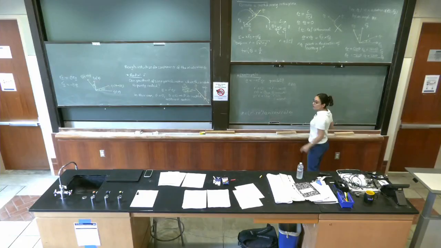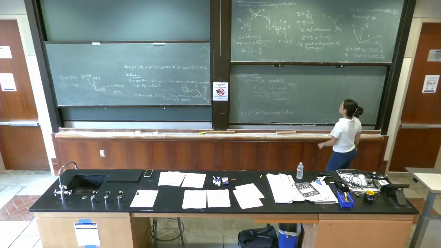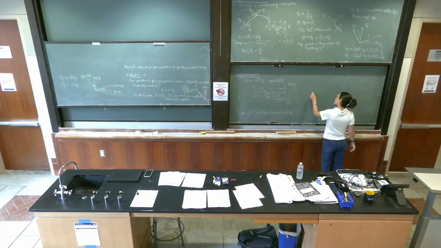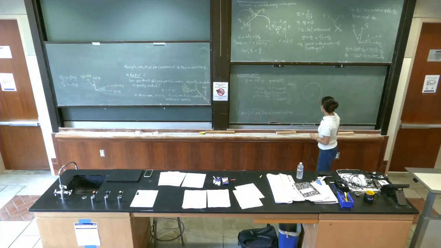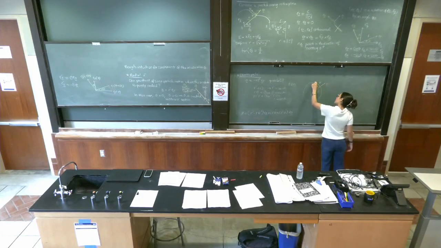And when r is constant, what does this mean? Then I'm tracing a circle, right? So the situation is like this. This is my origin. I have a particle that's tracing a circle. I can draw the position vector and the polar basis.